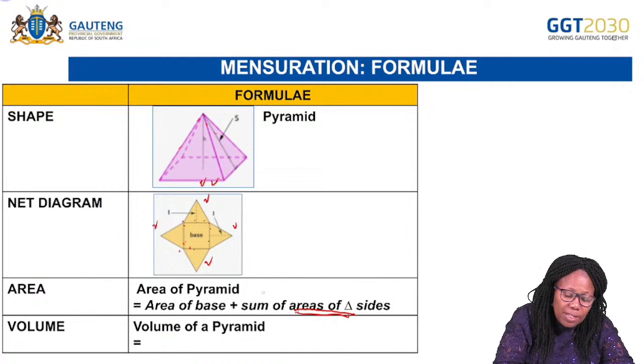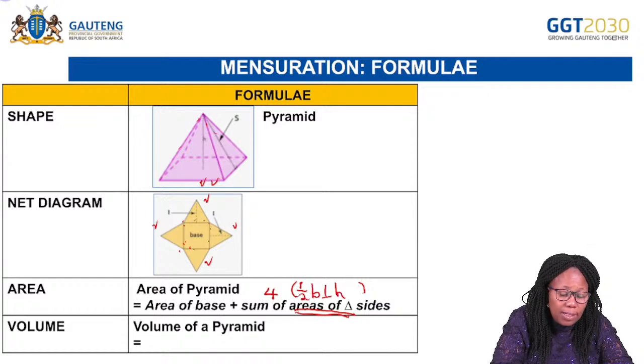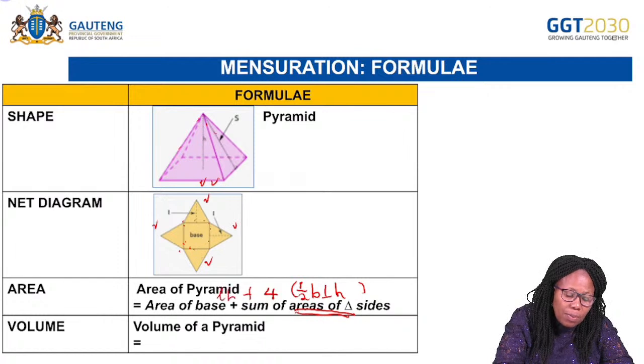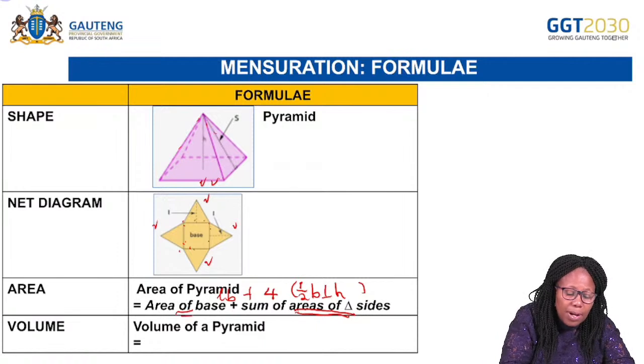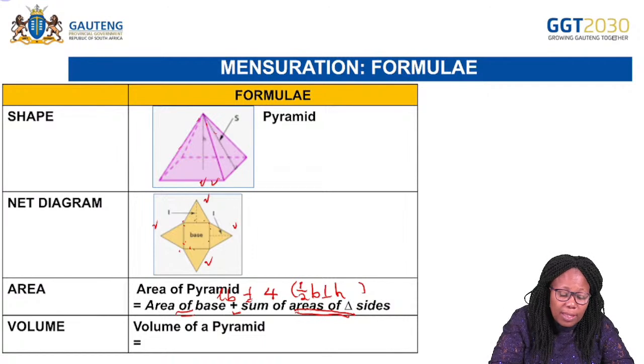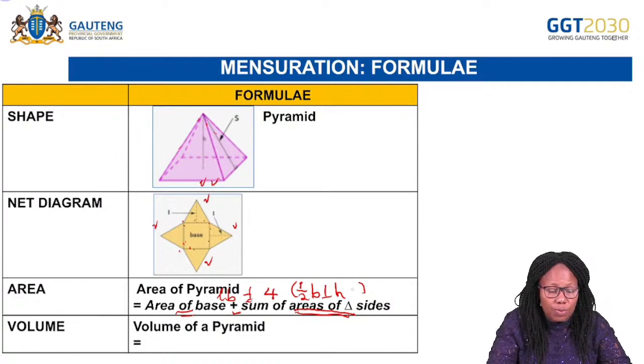So that will be basically 4 equal sides, and you look at the area of a triangle, which is half base times the perpendicular height. If your base is a rectangle, it will basically be length by breadth for the area of the base, plus the 4 triangles around the diagram, and the sum of their area, which will be half b times perpendicular height. Okay, right. And then the volume now.